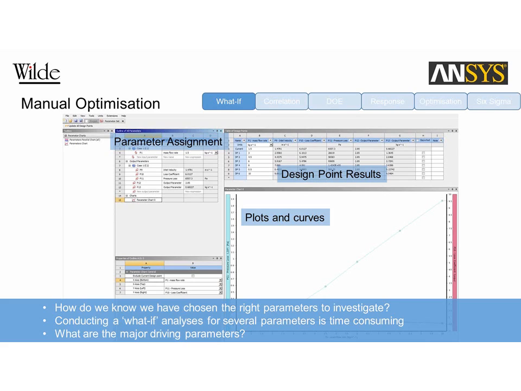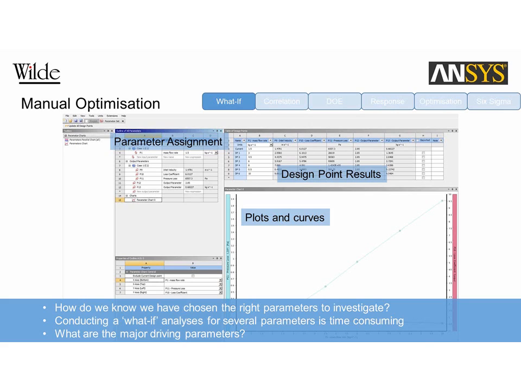The problem with a what-if analysis is, how do we know we've chosen the right parameters in the first place? There might be other parameters like temperature or diameter size that we haven't looked at and that are strong players in this design.